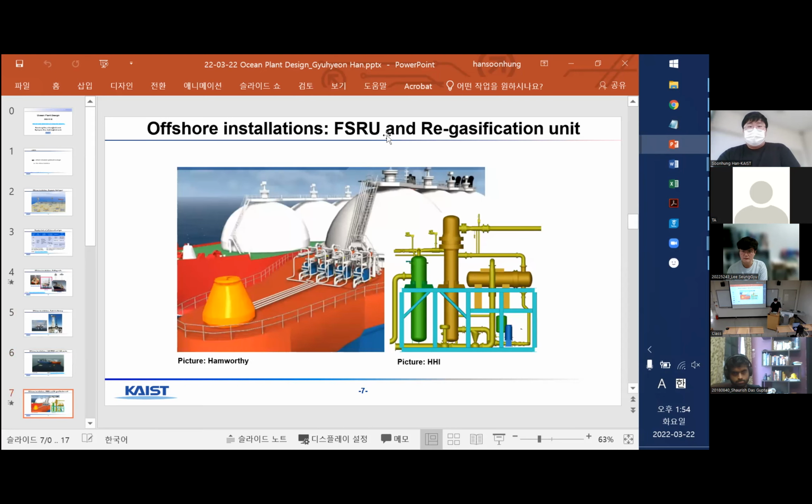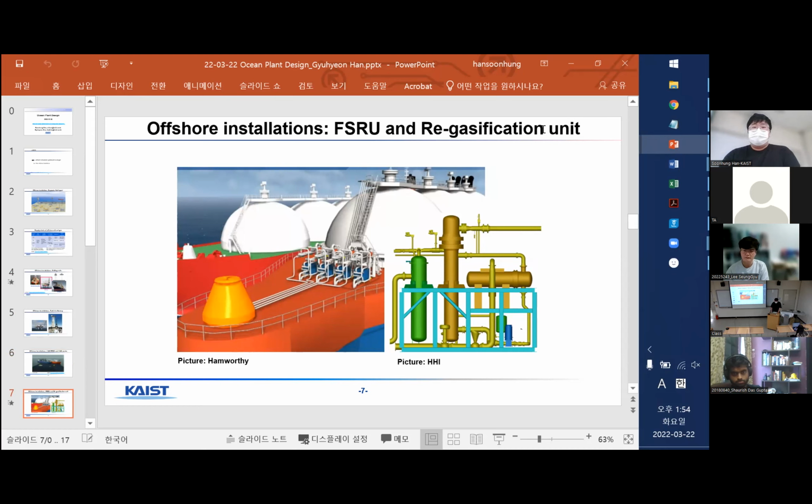And this is the FSRU and regasification unit image. Basically FSRU is quite similar to FPSO, but it has a big difference because it has a regasification unit. Before the actual use of the gas, we have to regasify the LNG because it is a liquid.